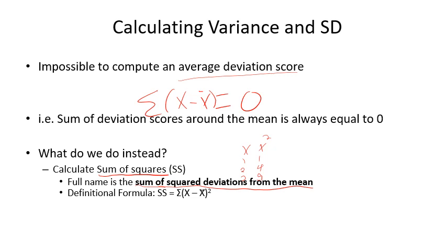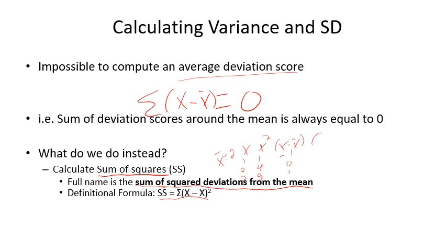I had already done it earlier, but what you do is take each score from the mean. In this case, the mean equals 2. You take each score from the mean: 1 minus 2 is negative 1, then 0, and 1.